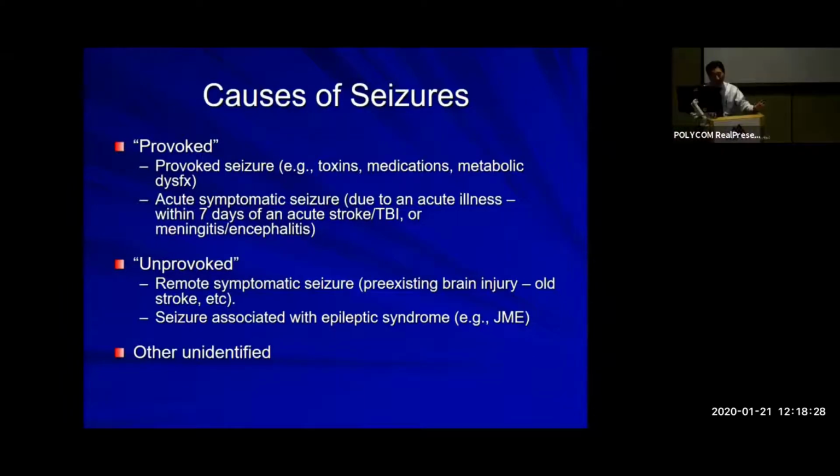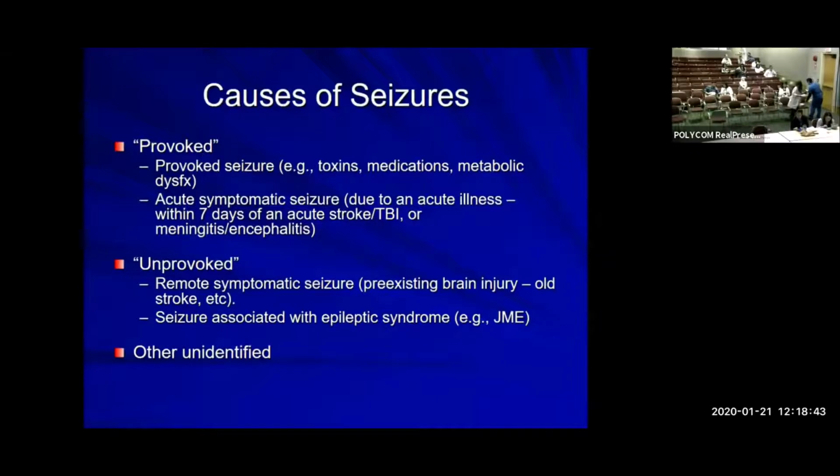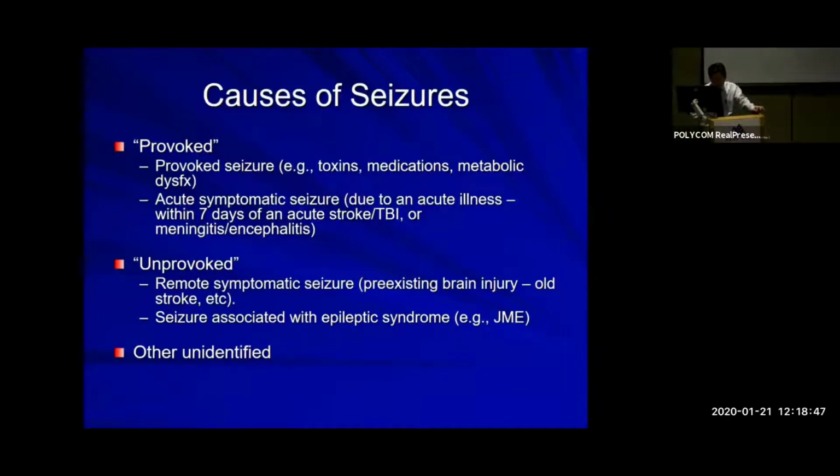Or you have an alcoholic, and every time he stops drinking, he has a withdrawal seizure. That's a provoked seizure due to alcohol withdrawal. You can also get seizures due to acute head injury within the first 7 days, or encephalitis and so forth. You have to distinguish that from unprovoked seizure, which means that there is no specific trigger for every single seizure.